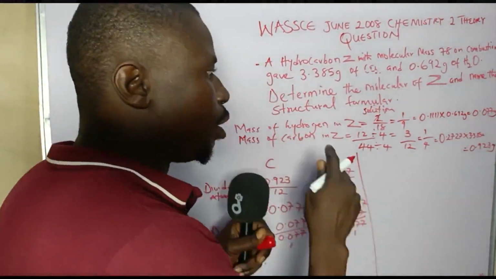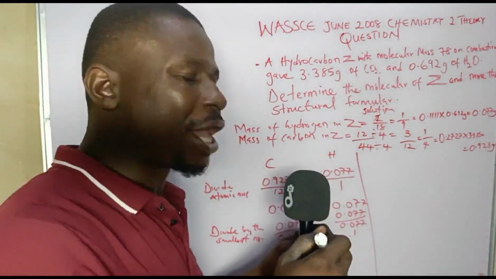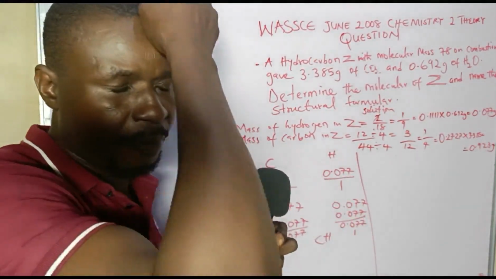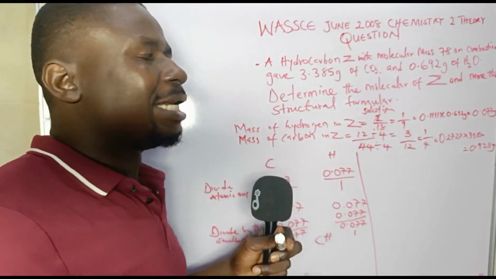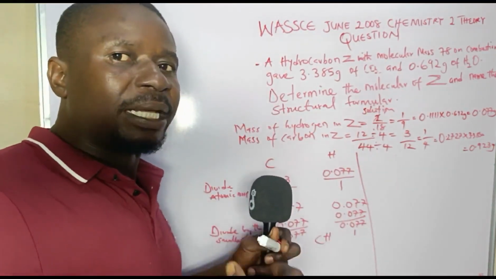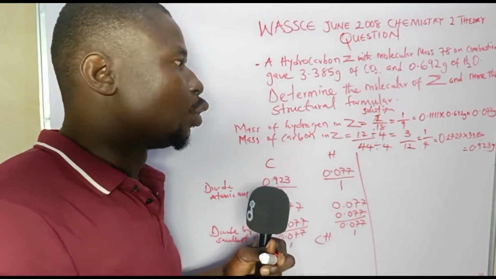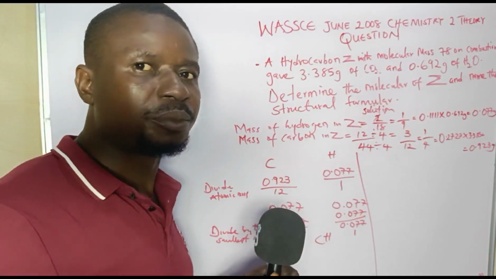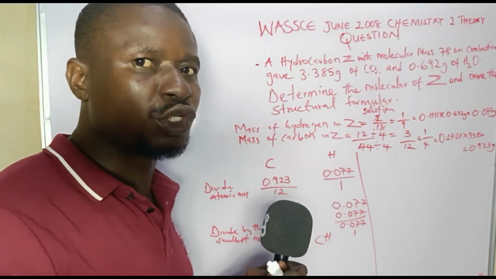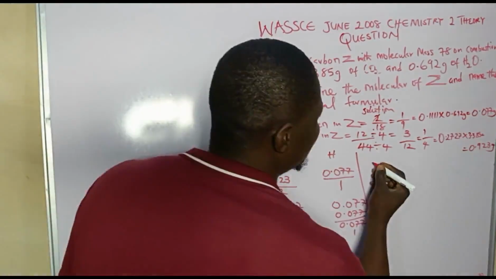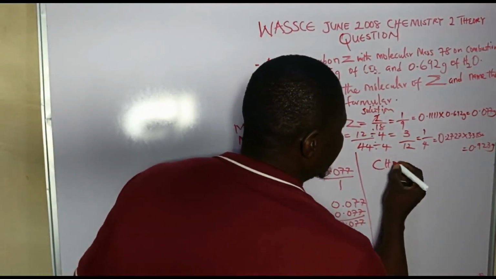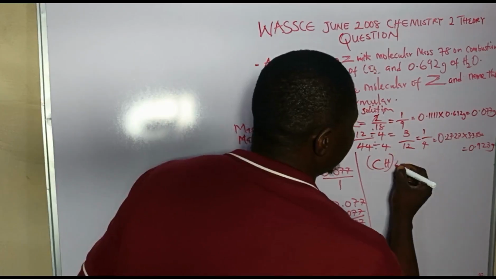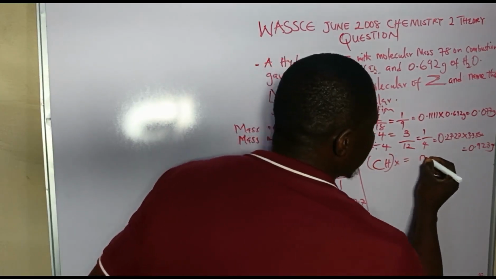So the next thing we are going to do is to solve for the molecular formula. Like I said, the molecular formula gives more information about the empirical formula, telling us the actual number of elements in that particular compound. The formula for calculating the molecular formula is empirical formula times x equals n. So we have (CH)x equals the molecular mass, which is 78.